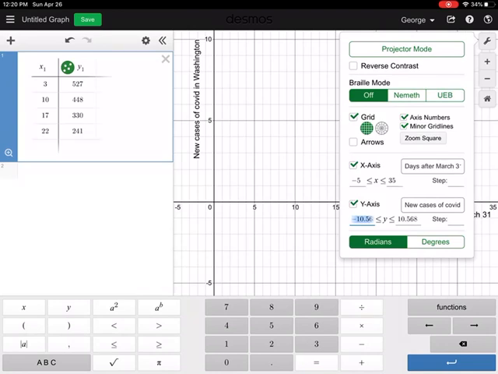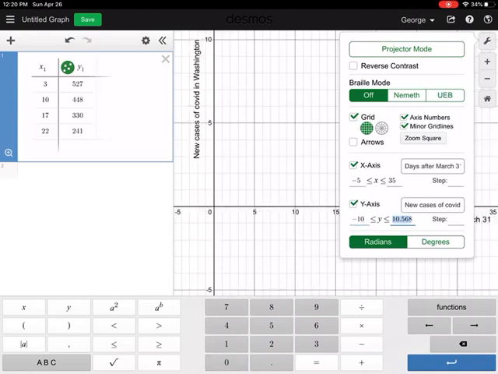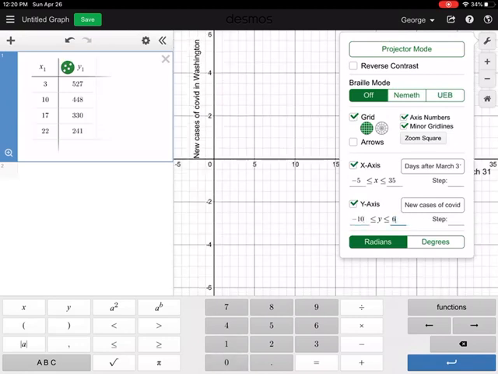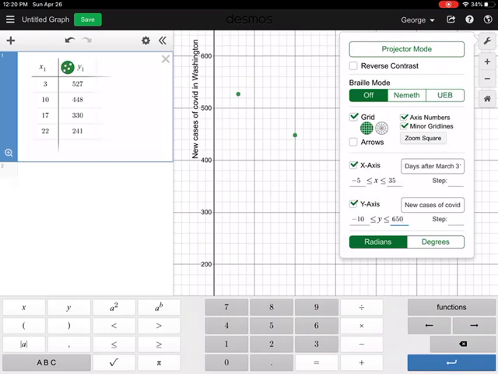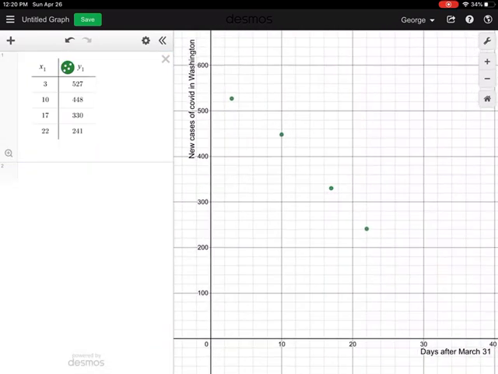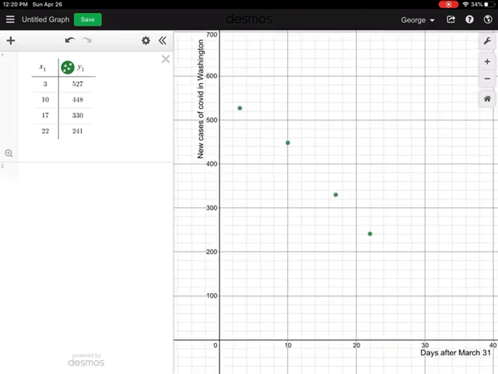Okay. And now our numbers go up to 527. We'll go a little higher, so let's start a little lower. And then we'll go all the way up to like 6 something. There. So you can change the zoom with your fingers just to see where you're at.